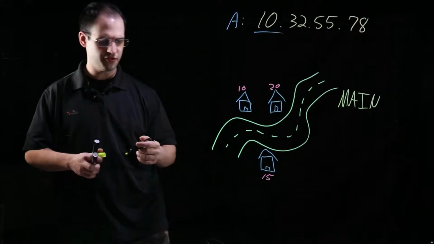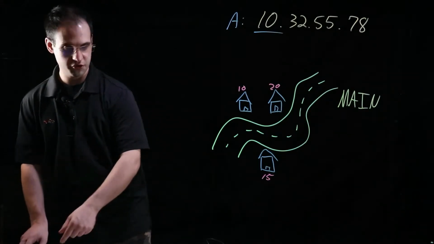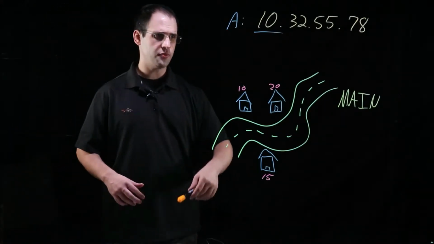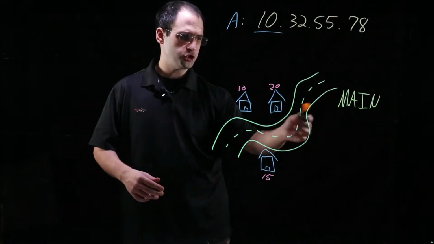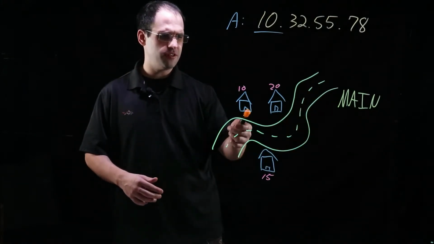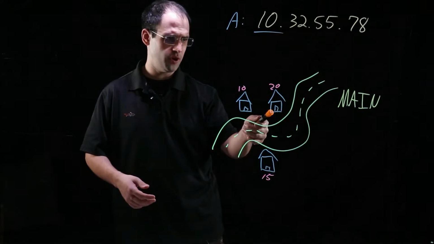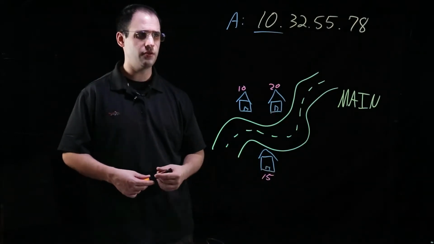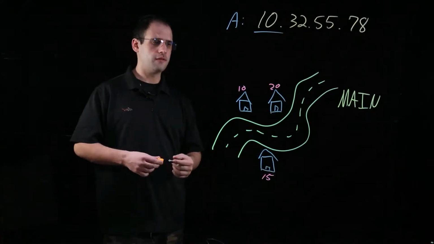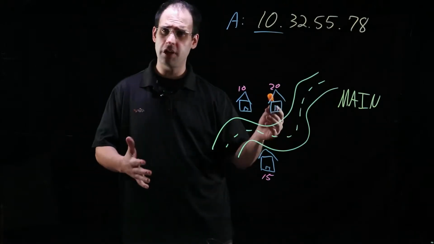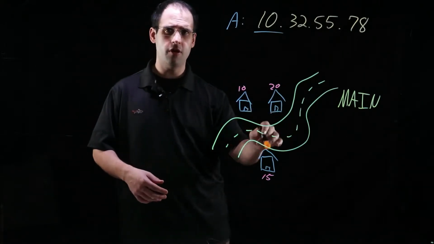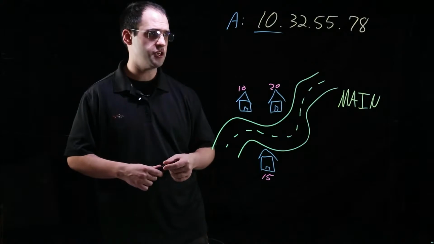On Main Street, we have different houses. As we go down the road, our street always remains the same. This is 10 Main Street, this is 20 Main Street, and this is 15 Main Street. The street itself doesn't change, but the houses along the street all have a unique identification.